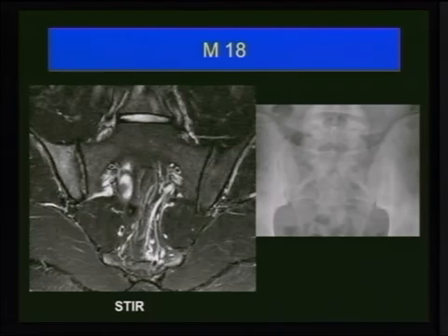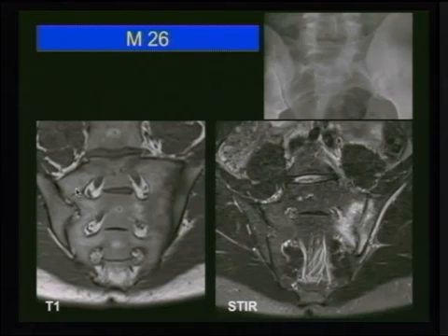The other point is the subchondral low signal intensity, which means there is sclerosis matching the plain film finding, and you see this much edema. So this case has reactive bone changes presented as subchondral cystic change, sclerotic change, as well as edematous change. So this is an early subacute or subchronic case.